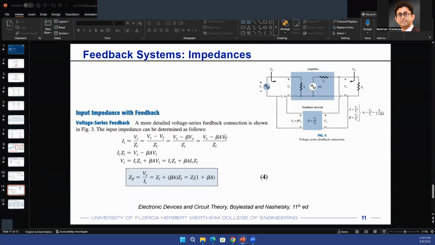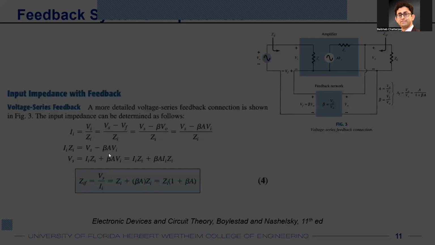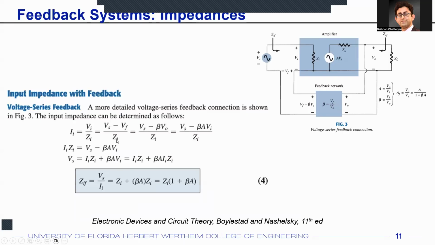Okay, so it's basically the same mathematical operations that we had used in the last lecture as well. So you're trying to find out your input current as a function of the original input voltage Vs and the voltage that your amplifier sees at its input, which is Vi. So you did the same mathematical manipulation as we did in the last lecture, and you end up with this equation that Ii times Zi is equal to Vs minus beta times A times Vi.